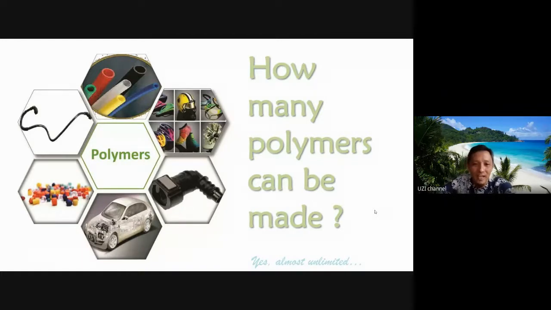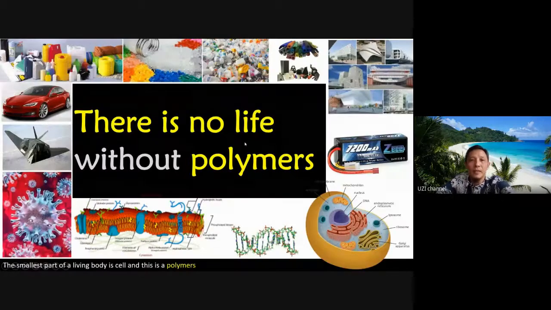We can modify polymer even in not pure condition, I mean, in a composite maybe. But for polymer, you can also make very many types of polymer by combining it, blending it, and so on. Okay, in extreme words, we can say there is no life without polymers.